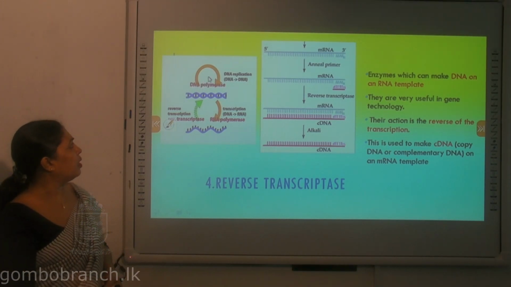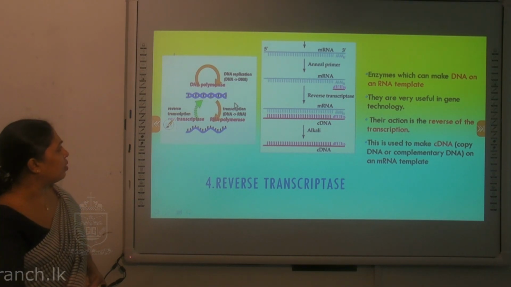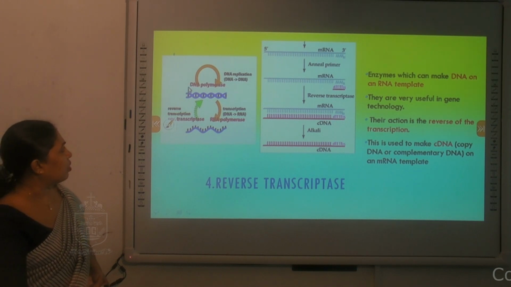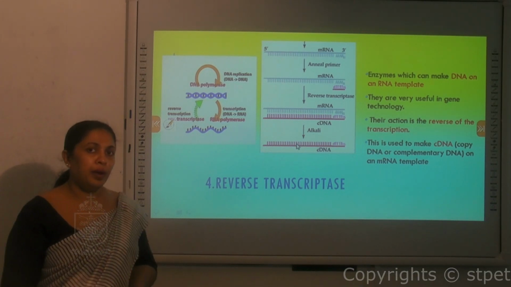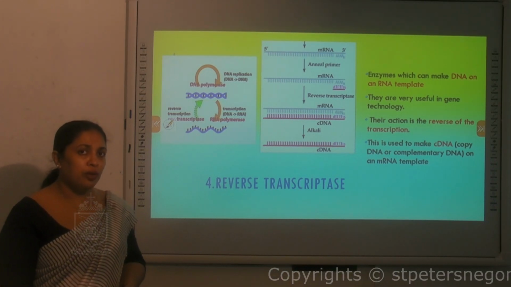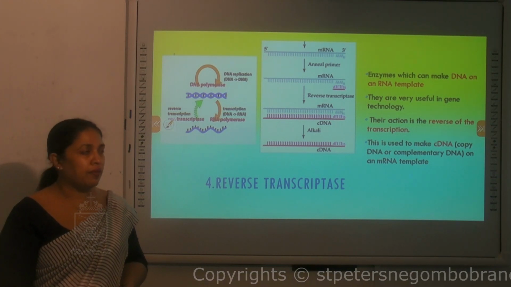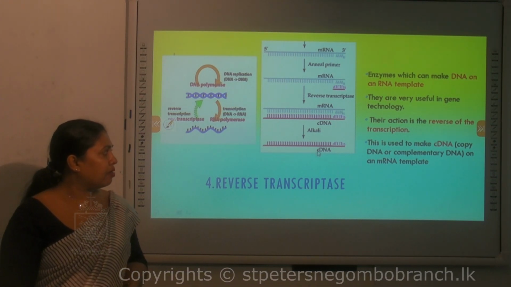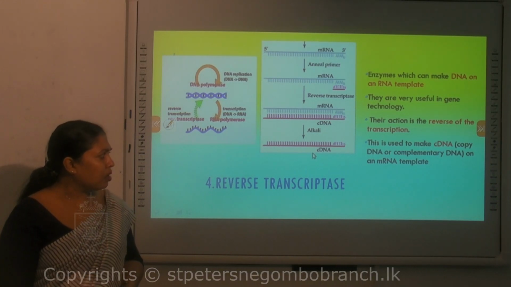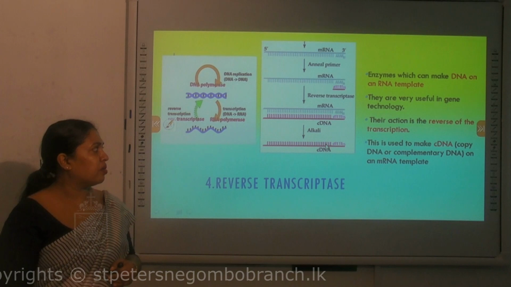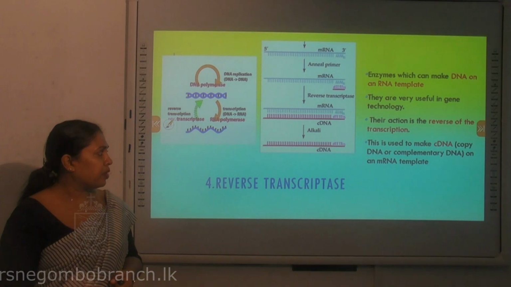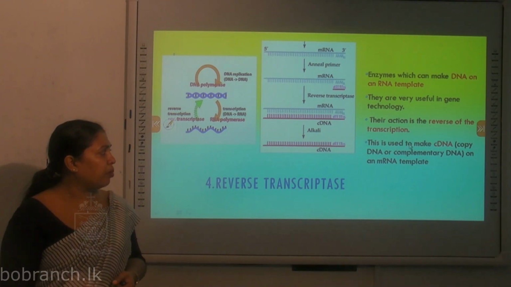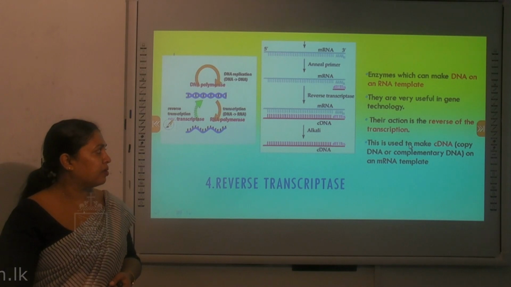Here, reverse transcription means a DNA is formed, and we know in RNA, other than thymine, uracil is there, so it is replaced with thymine when you make DNA. This DNA is known as cDNA. This is the reverse of transcription, so that's why the enzyme is known as reverse transcriptase. And cDNA is very important in some molecular biology techniques.